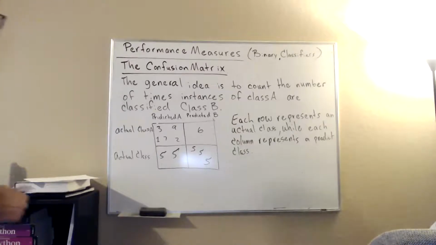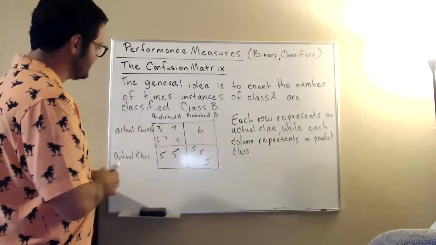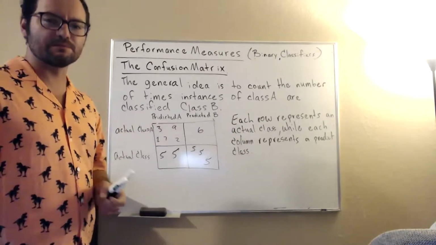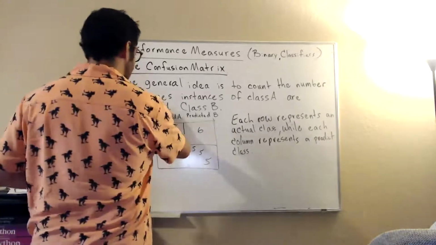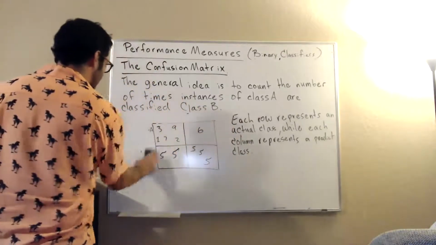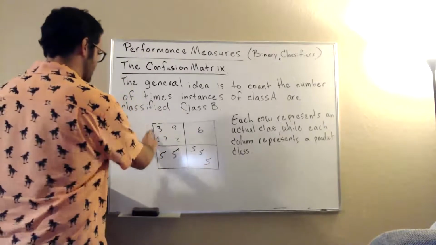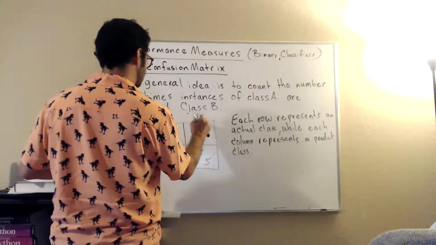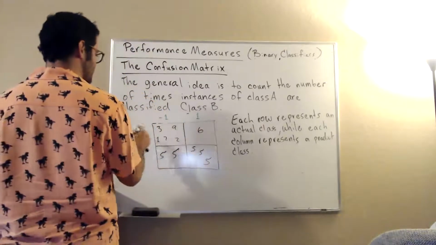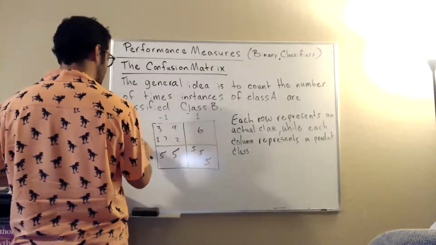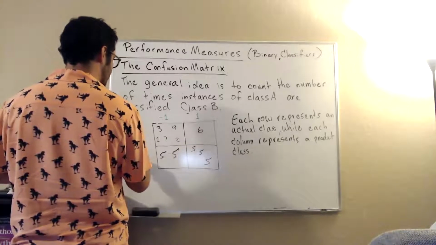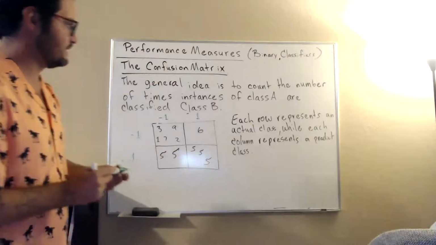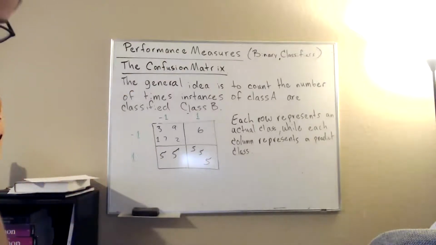It might be easier to say that the two classes are either -1 or 1. Like think back to the perceptron. So we'll do that. So this would be predicted class -1, predicted class 1, actual class -1, actual class 1. Or the actual versus predicted for a given model.